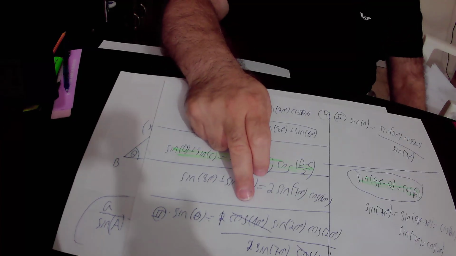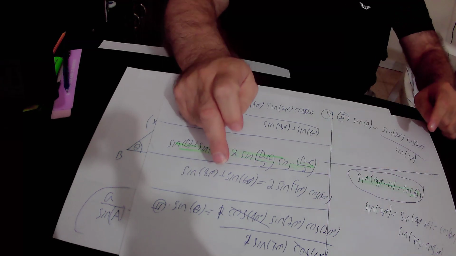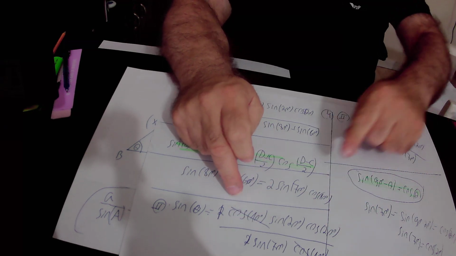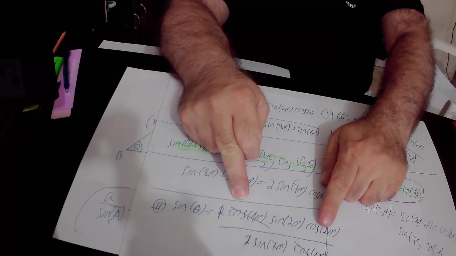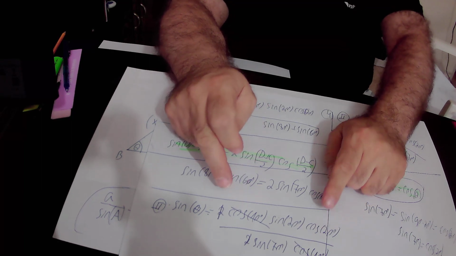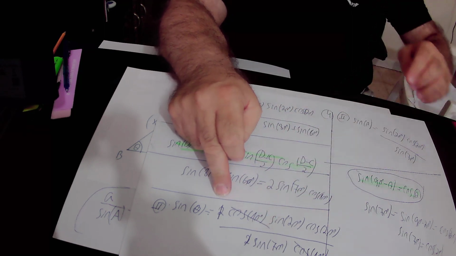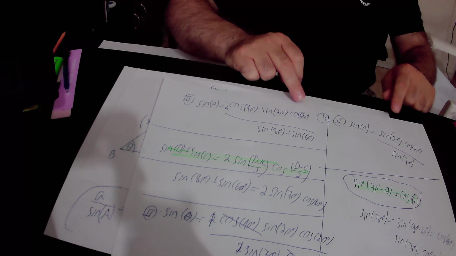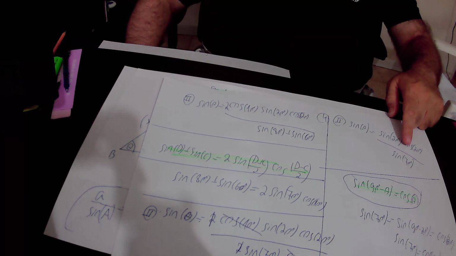We have cosine 10 degrees in both the numerator and the denominator, so cosine 10 degrees will get cancelled. We have 2 in both the numerator and the denominator, so 2 will get cancelled. And we're left only with sine theta, that is equal to sine 20 degrees times cosine 20 degrees over sine 70 degrees.